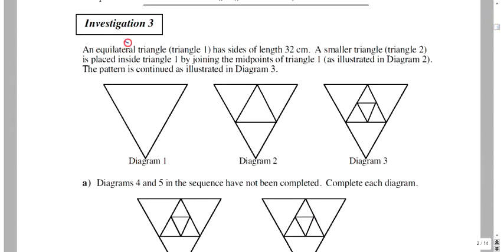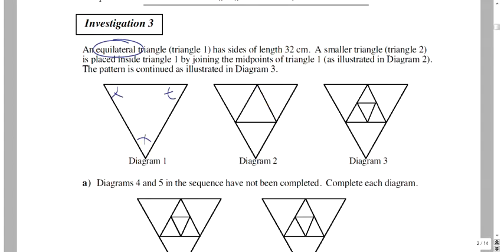Investigation 3. Equilateral triangle is what kind of triangle? All sides, and because all sides are equal, all angles are equal too. Okay, that's nice to know. If you don't know that in Math 11 Foundations, you lose a lot of marks.